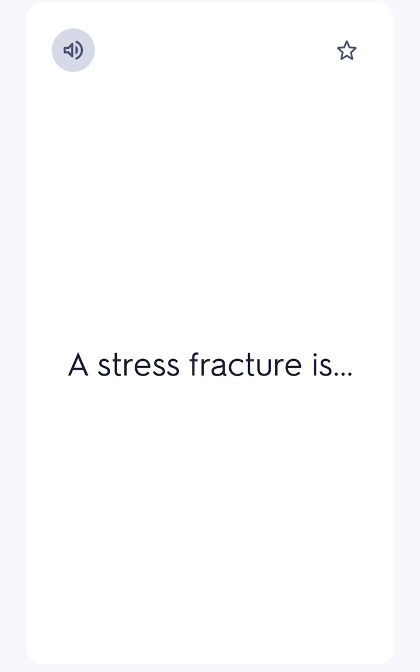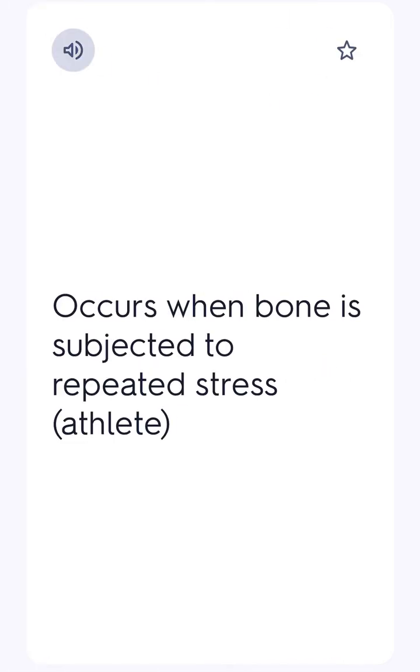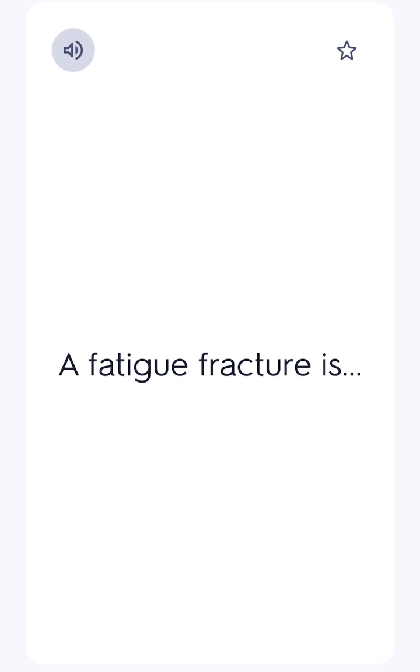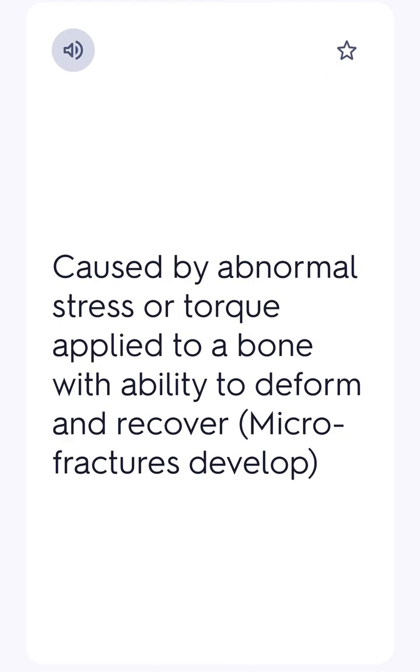A stress fracture occurs when bone is subjected to repeated stress. A fatigue fracture is caused by abnormal stress or torque applied to a bone with ability to deform and recover.